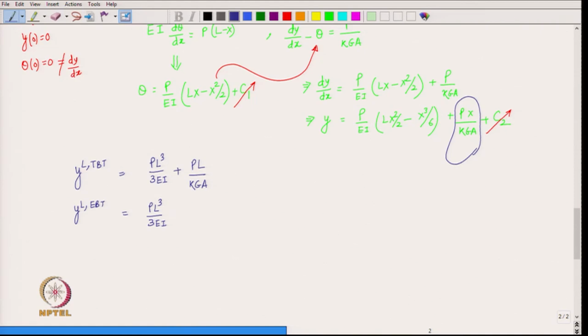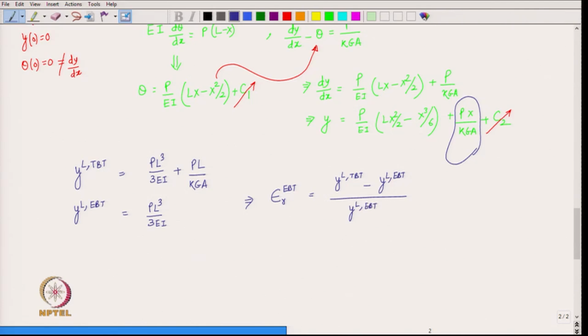Let us find out the error in Euler-Bernoulli theory, assuming that Timoshenko beam theory is giving the more accurate result. So, the error, let us say epsilon_r, in Euler-Bernoulli theory would simply be y(L) TBT minus y(L) EBT, and if you divide by y(L) EBT, then you get the relative error, is not it.